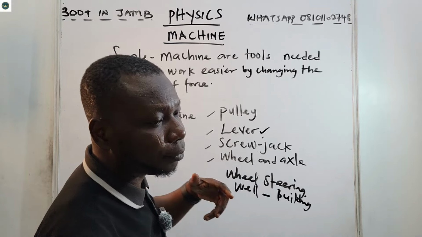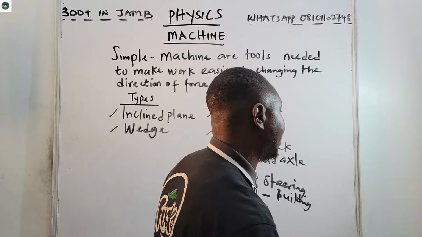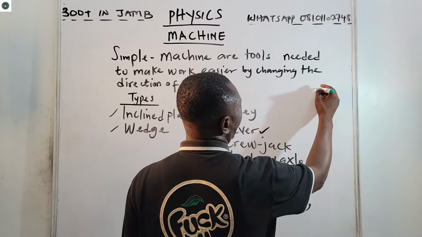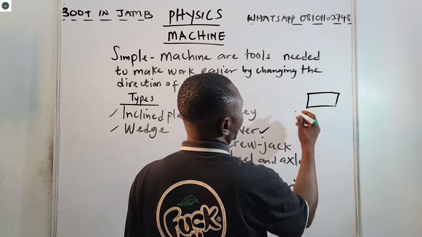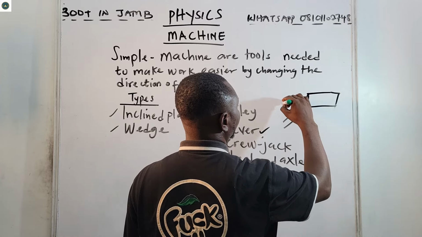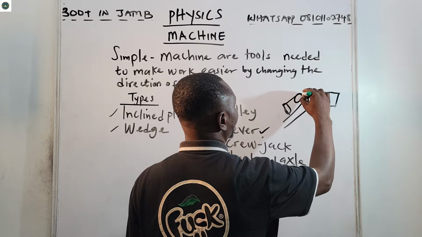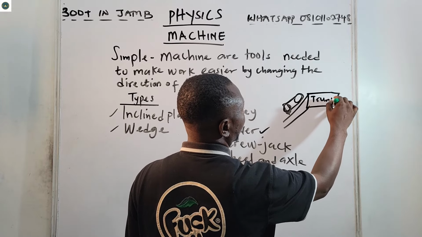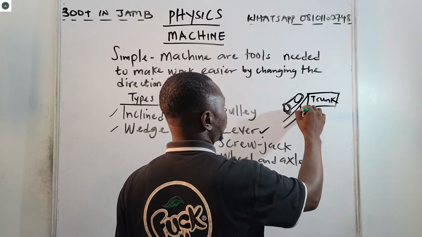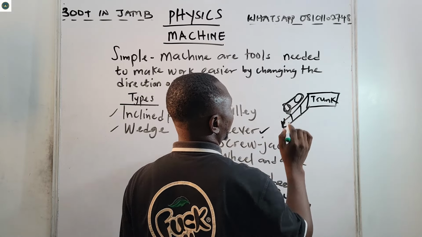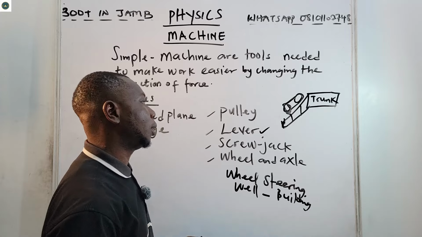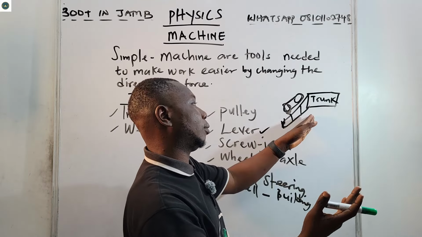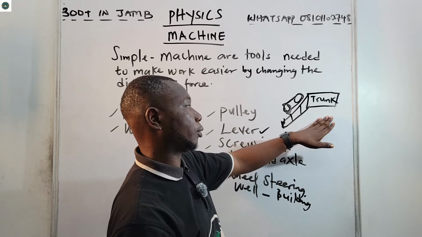The inclined plane, for example: if I have the trunk of a truck and I need to move this drum away from the trunk, I can place two flat woods inclined at an angle at the back of the truck.